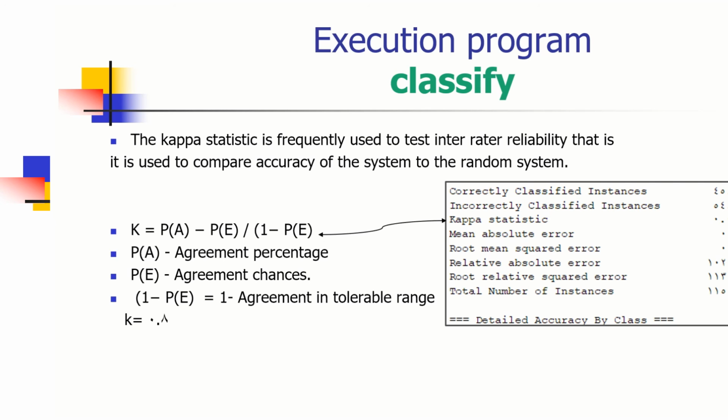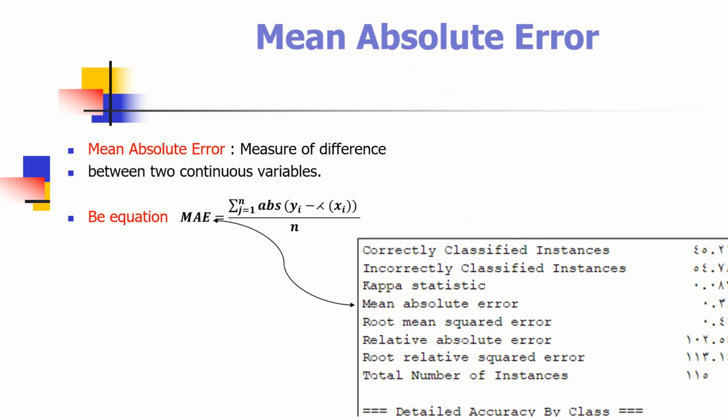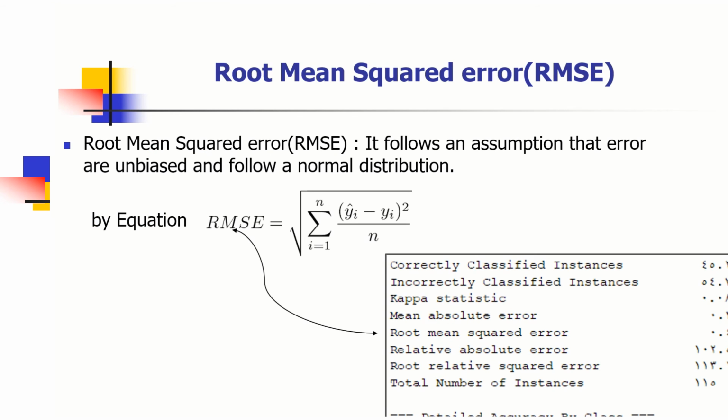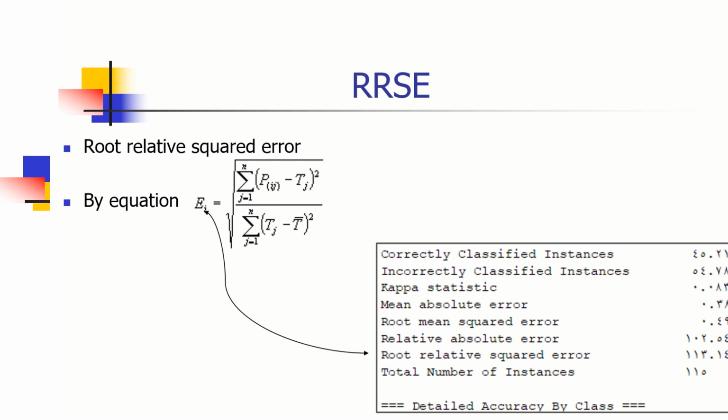Kappa statistic from this formula. Mean absolute error from this formula also. Root mean squared error, RMSE, from this formula to get the result. And RRSE, root relative squared error, also from this formula.